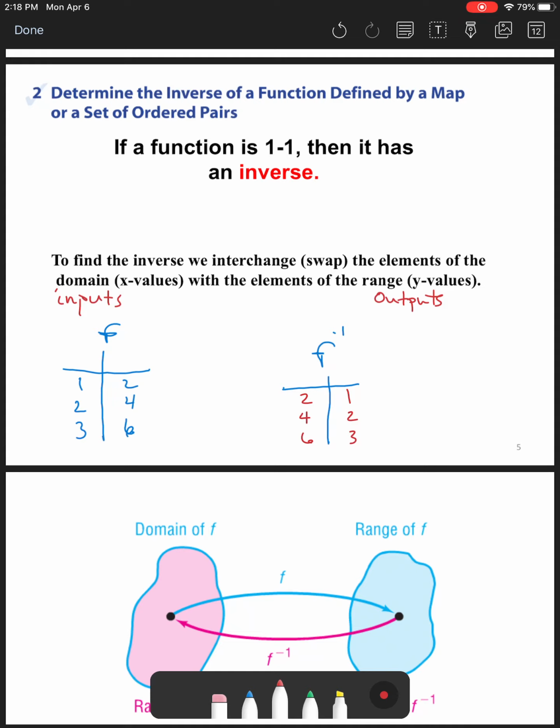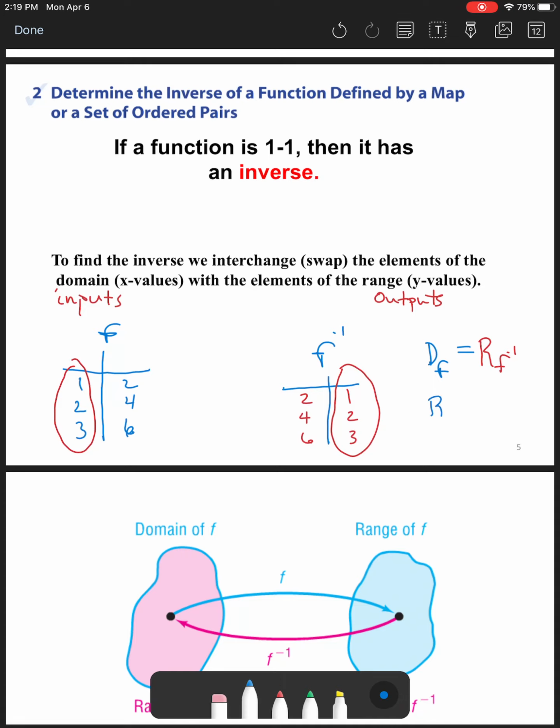If you look at this, you are telling me that the domain of the original function is the exact same thing as the range of the inverse function. The domain of the original function is the range of the inverse function.